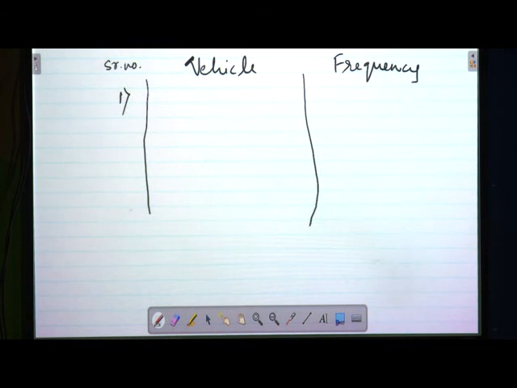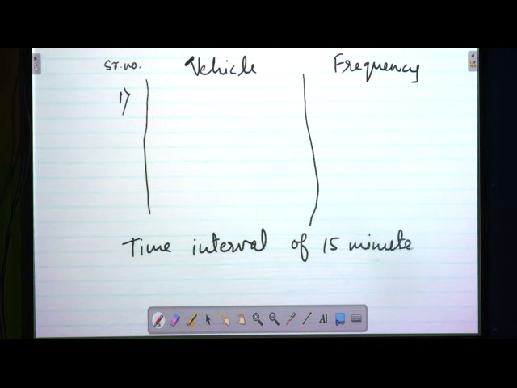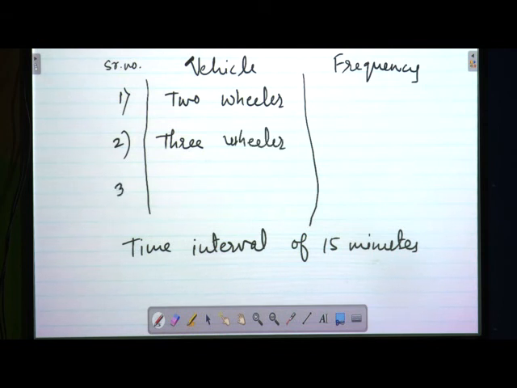Now regarding the time interval, take a time interval of 15 minutes. You can take more or less, but I have suggested 15 minutes. Vehicle type: 2-wheeler. You can draw the table properly. 3-wheeler. And 4-wheeler.